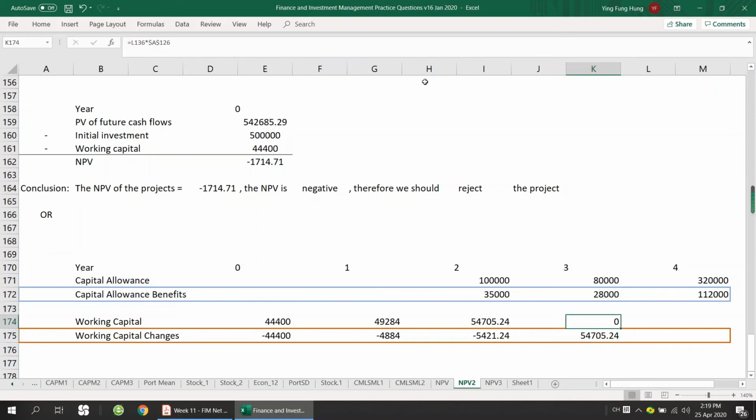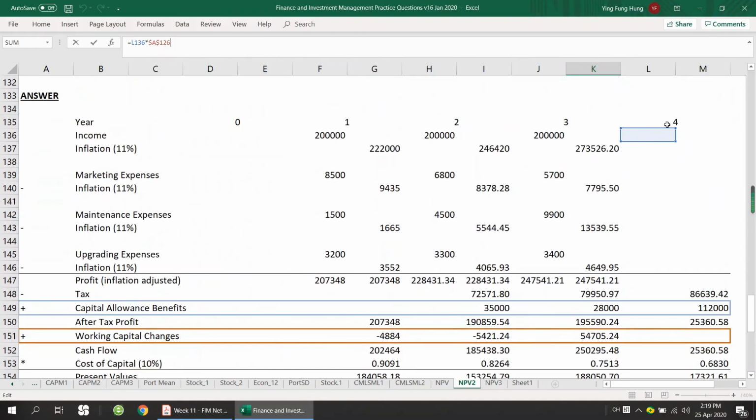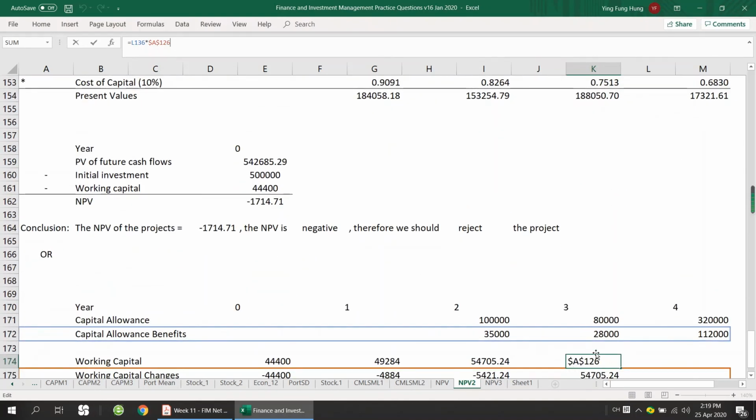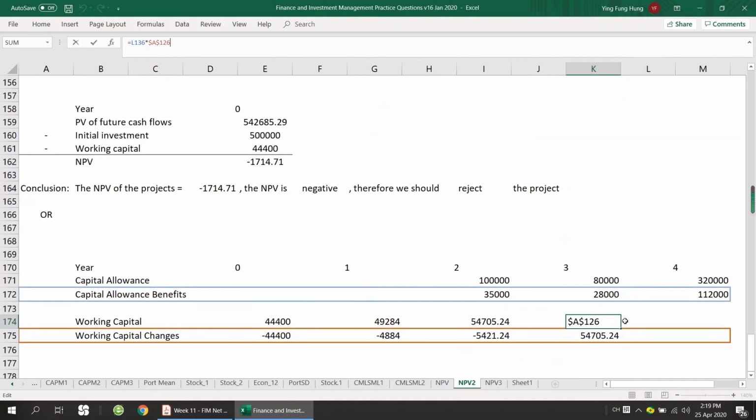And lastly, the working capital changes for year 3. Since year 3 is the last year, we are taking the working capital of year 4, and in year 4 we are not selling anything. Therefore, we don't need to prepare any money for year 3. In this case, it's going to be 0, and the working capital change is that all of the money we invested in the working capital in year 2, we are able to get back once we stop the operation.